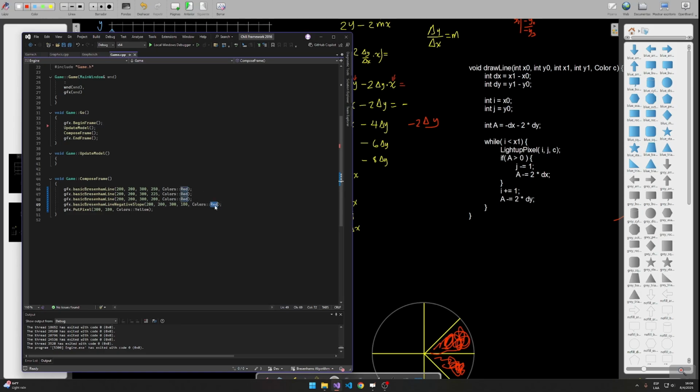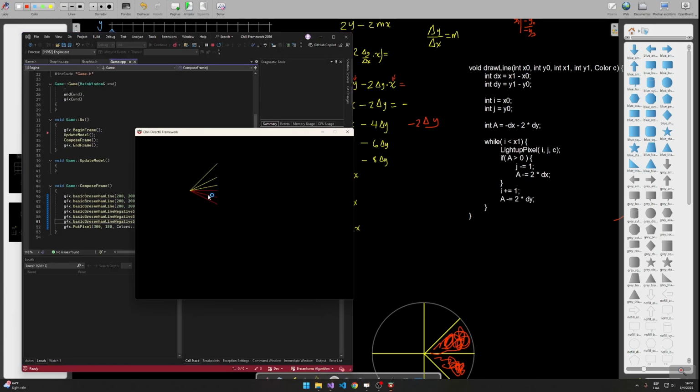And if I change this to yellow and I keep increasing or decreasing to 150, and let's say 100, then we're going to be able to draw our lines on all of these points.